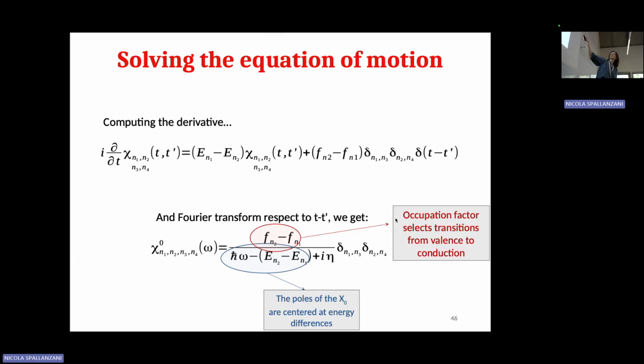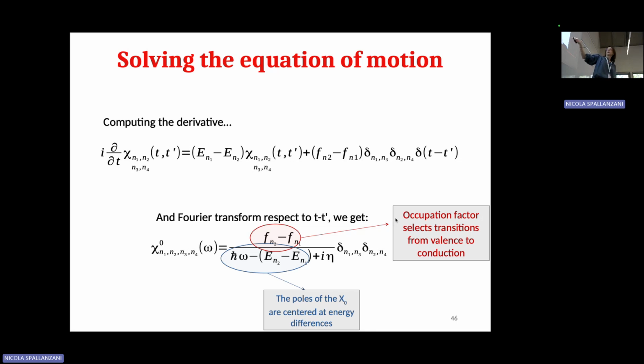By computing this derivative, we obtain on the left the derivative with respect to time of the response function, the energy difference, and the difference between these occupation factors, and if we transform, we obtain the K0, which has the same expression we have seen before for the Lindhard expression of epsilon and chi.